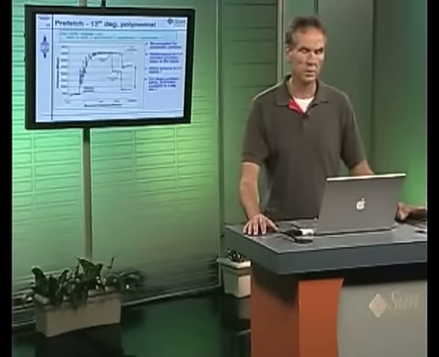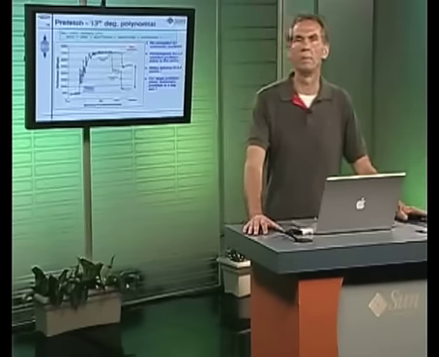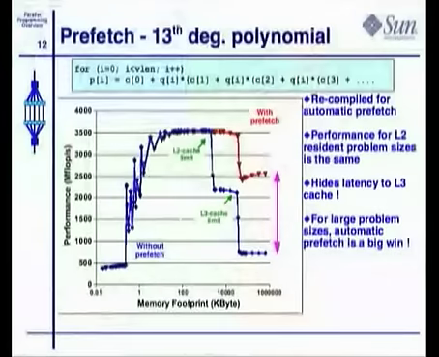To illustrate this, I took my same little test program and I recompiled with this prefetch mechanism enabled. And that's the red curve shown in this chart. And what we see, the system is able to completely hide the latency to the level 3 cache. As long as I stay within the level 3 cache, there's no performance degradation anymore. The red curve is higher than the blue one.